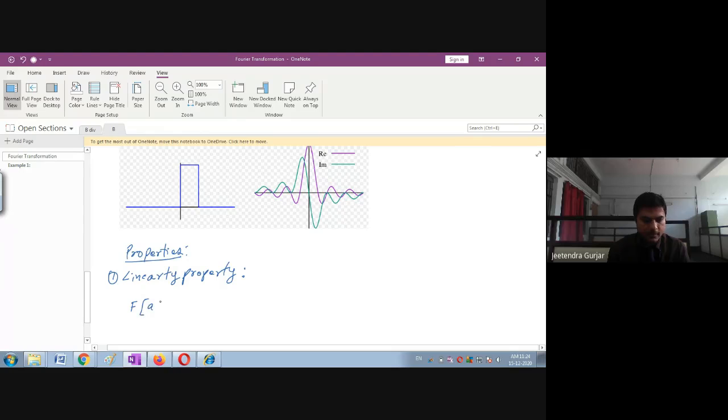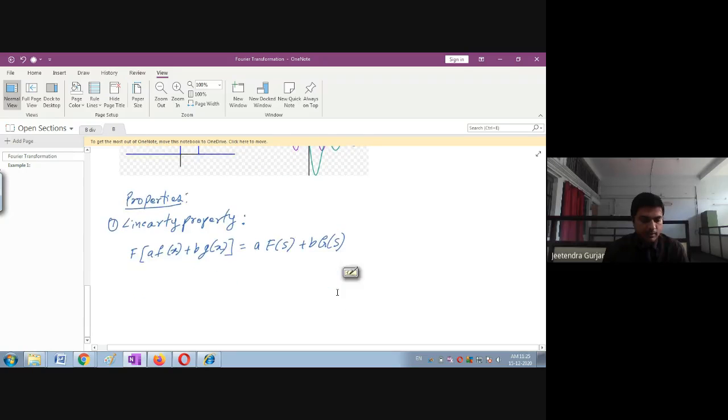It must satisfy this condition, that is F of a f of x plus b g of x is equal to a F of s plus b G of s. So they are just notations, students. Please remember here a and b are constants.